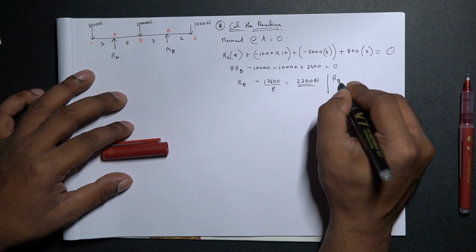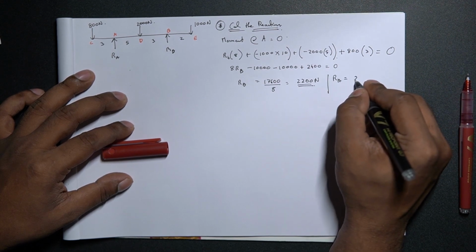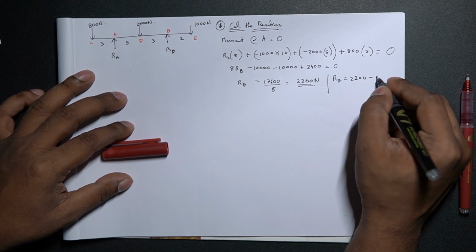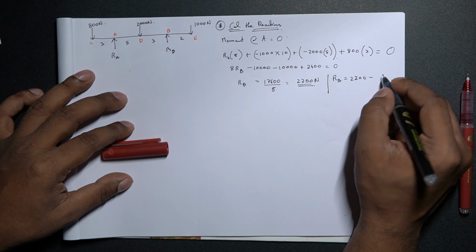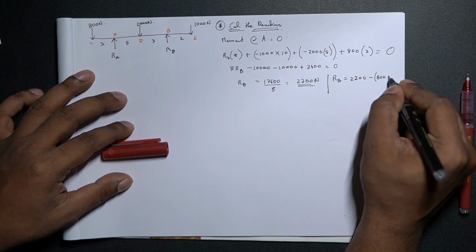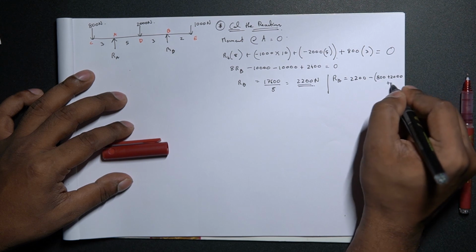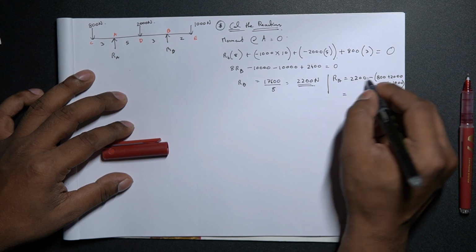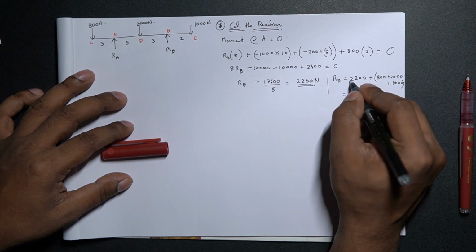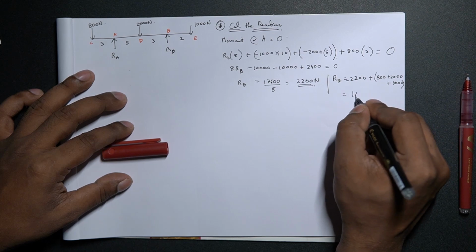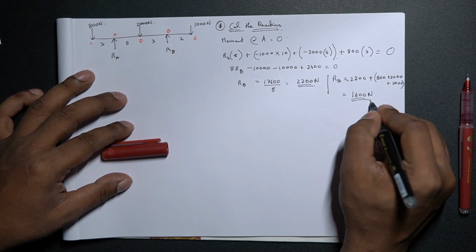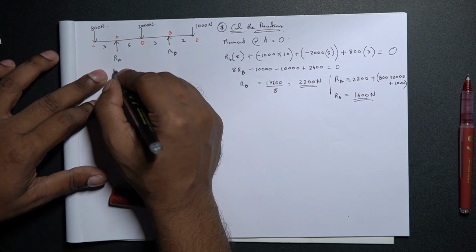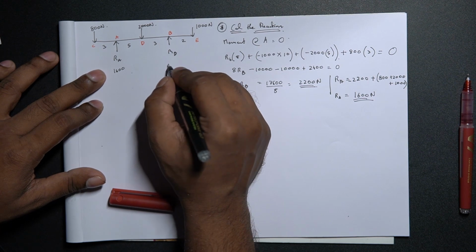Similarly, RA should be equal to 2,200 minus the total load that is acting from above, that is 800 plus 2000 plus 1000. Or this should be plus, this should be minus. All this together should come up to 1600 newtons. So this is your RA and this is your RB. Let's just put that RA is equal to 1600, RB is equal to 2200.